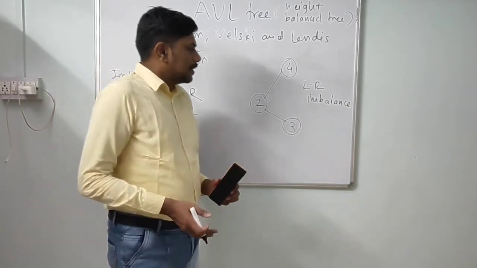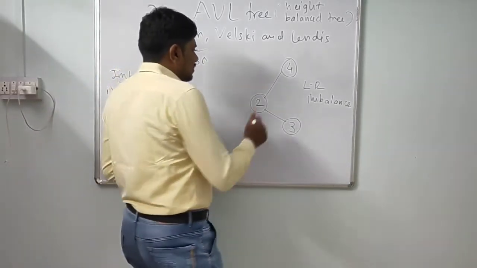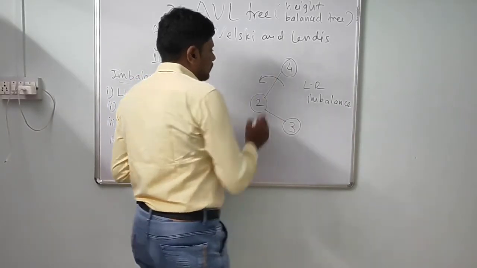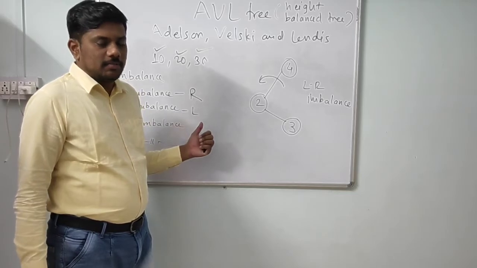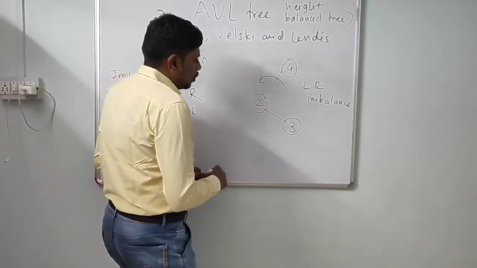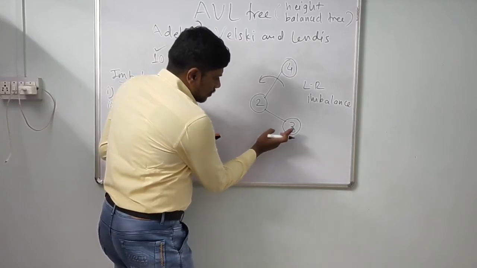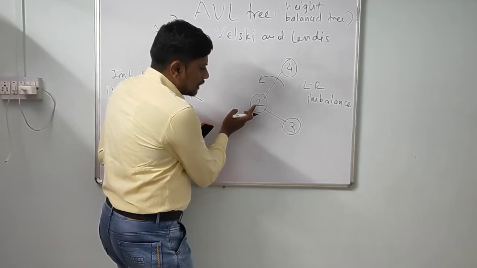So which rotation should we do next? You should rotate this tree to the left side first. How to perform left rotation here? You need to shift this tree in the right direction.